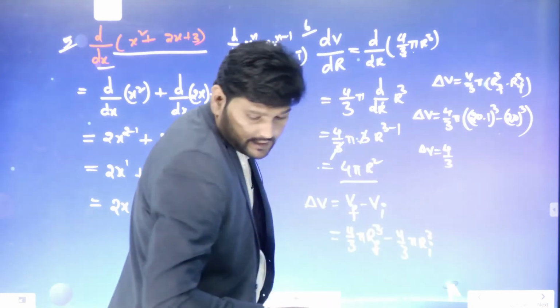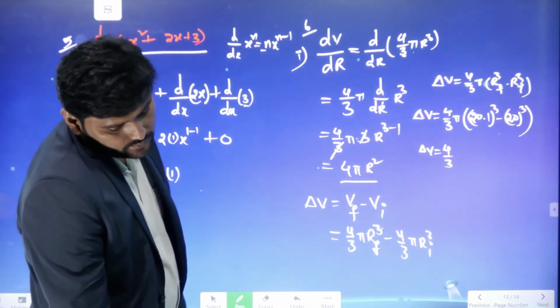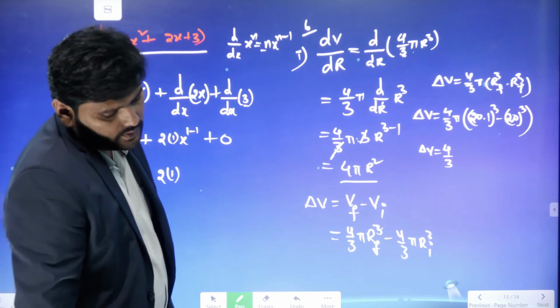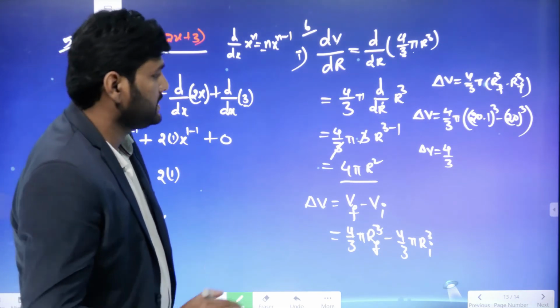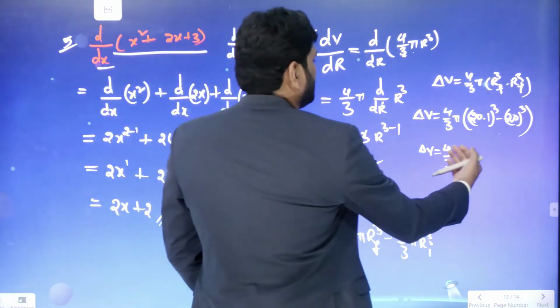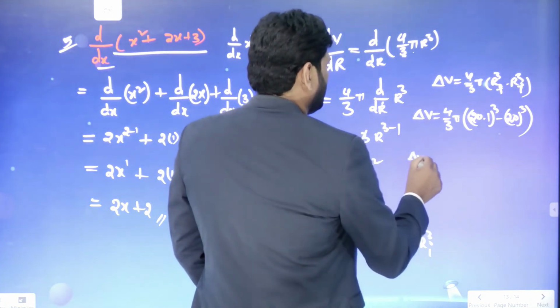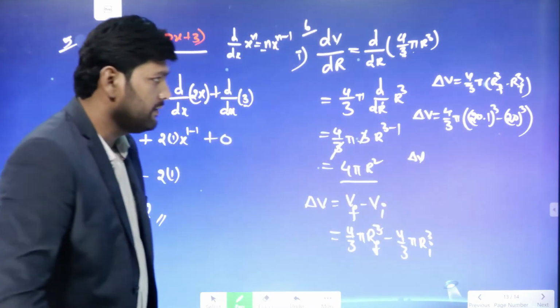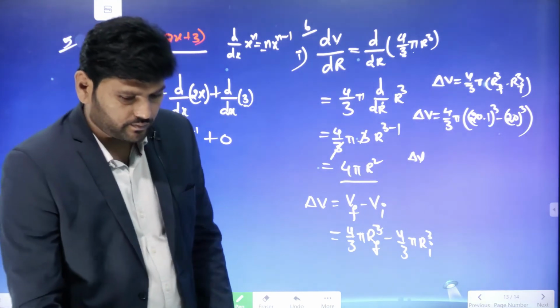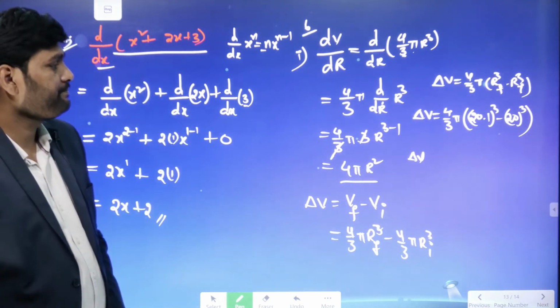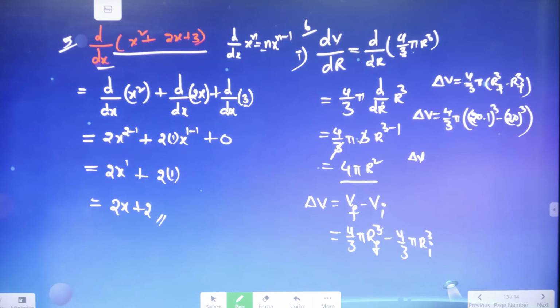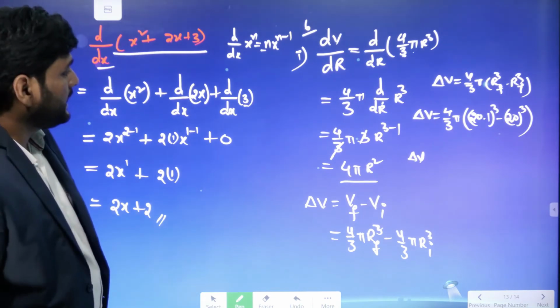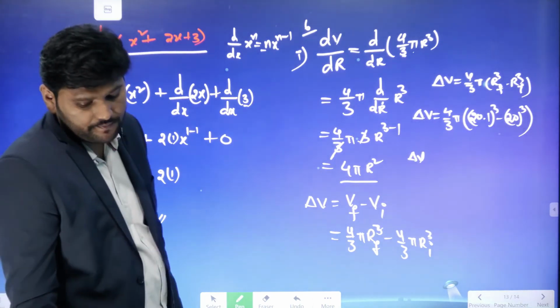They are asking the values in terms of pi. So now you can solve it here. Solve it. So directly you will get the answer as the first option.